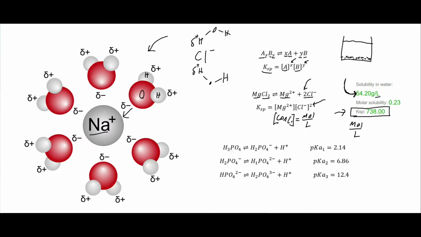You can also have things that have multiple solubilities, and this is a special kind of solubility here that has to do with these hydrogen ions rather than things like magnesium ions or sodium ions. These H+ ions are what are called Bronsted-Lowry acids.